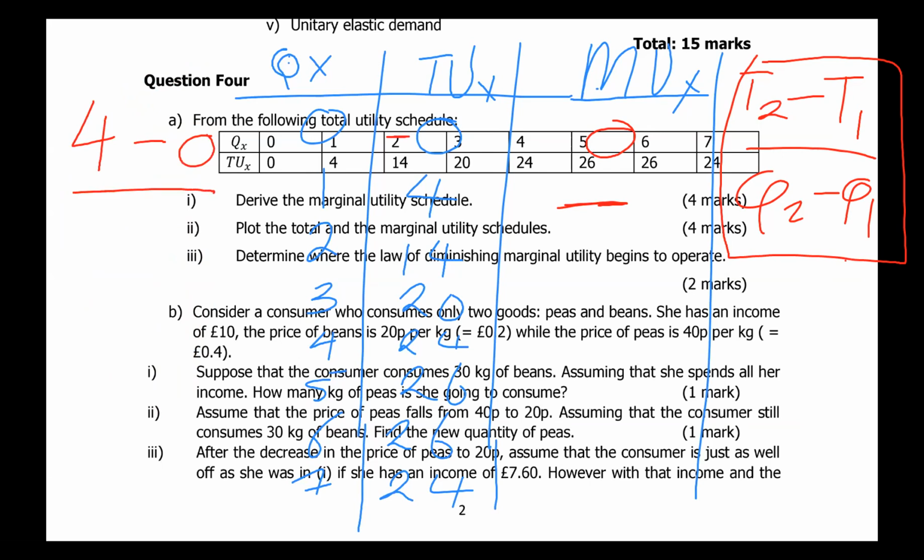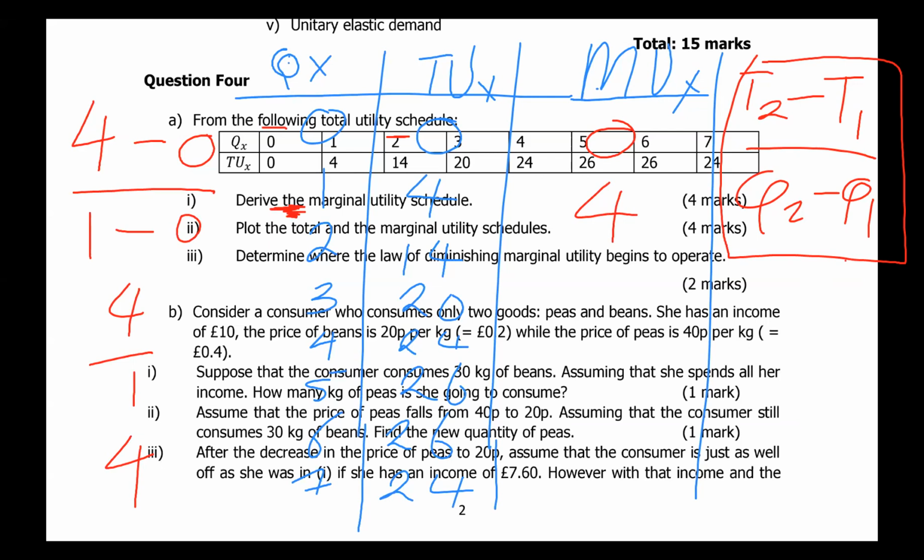Divided by the quantity. The quantity here, Q2, is 1 minus the previous quantity, which is 0. So 4 over 1 is equal to 4. So our marginal utility when you just consume one commodity is 4.